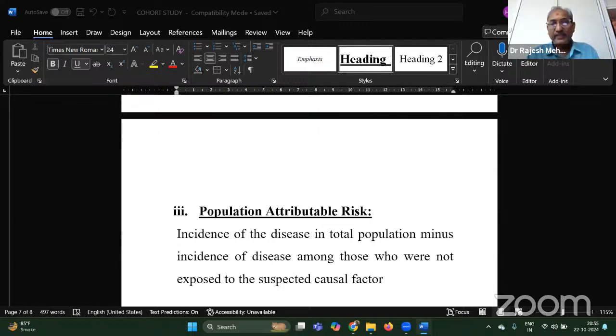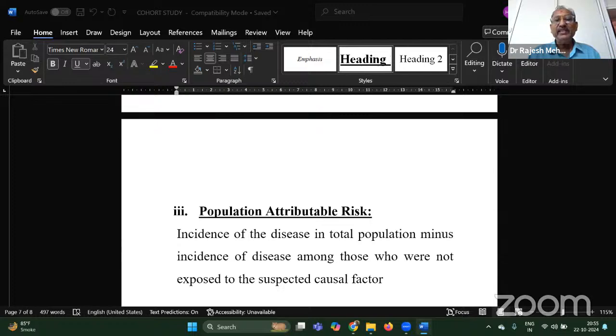That's the affecting. Now, in this case, if you make a multiplication, how much tea is harming the population, how much alcohol is harming the population. In population attributable risk, it means that if you remove that factor, if you control that factor, what will be the situation in the society?